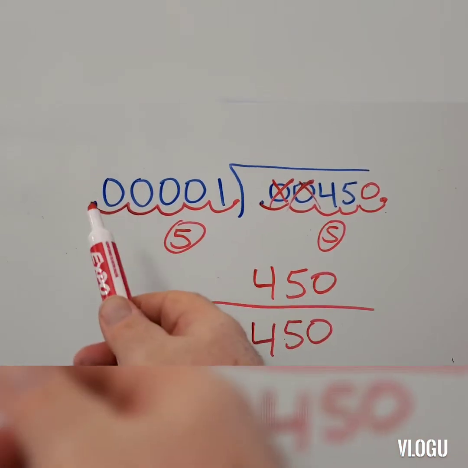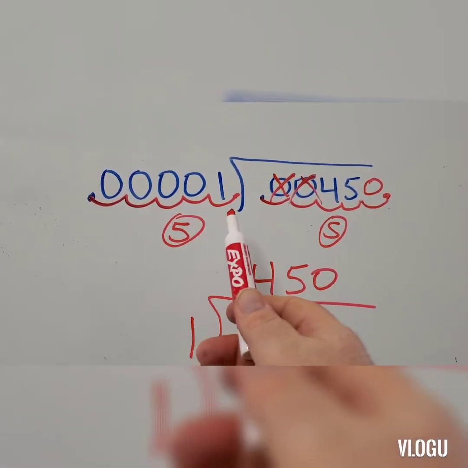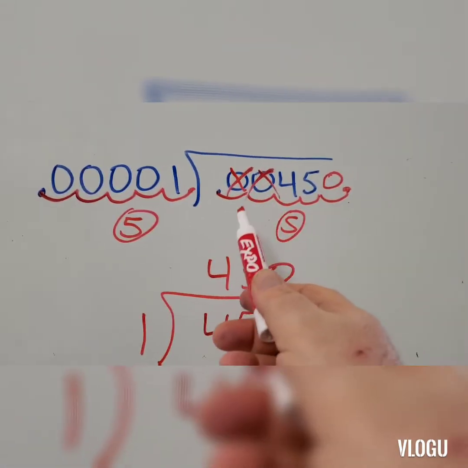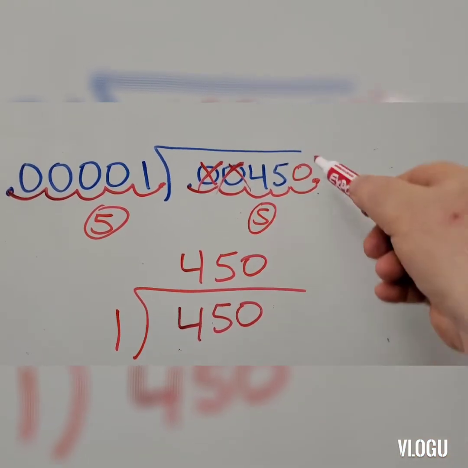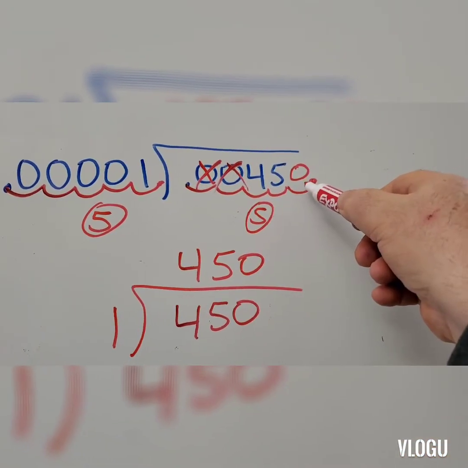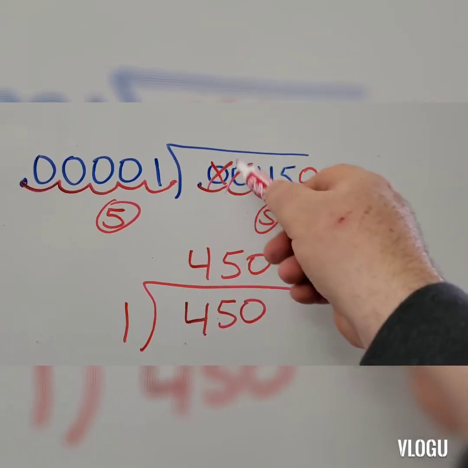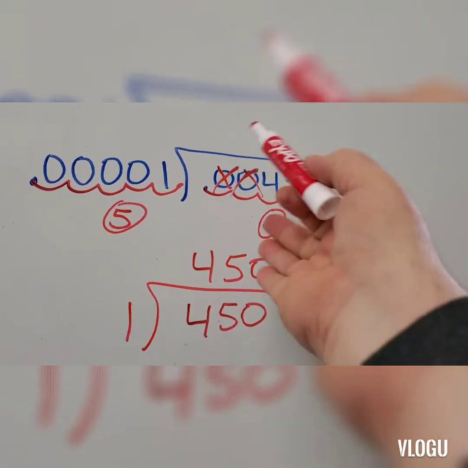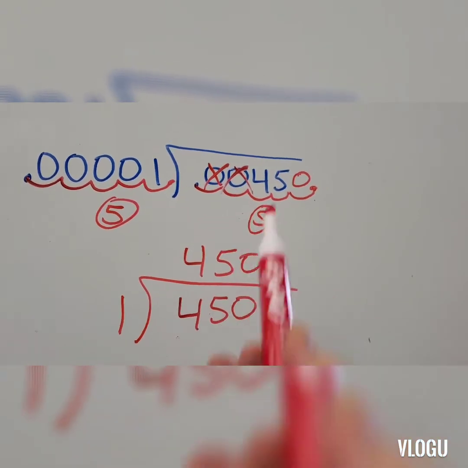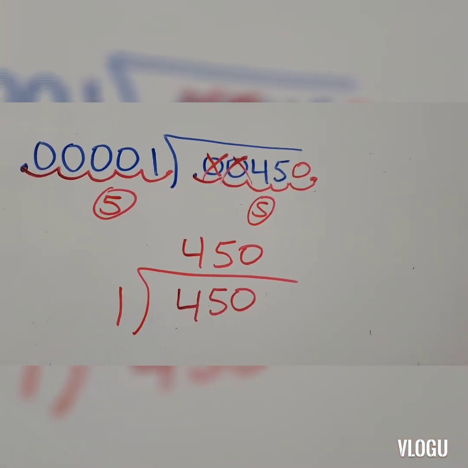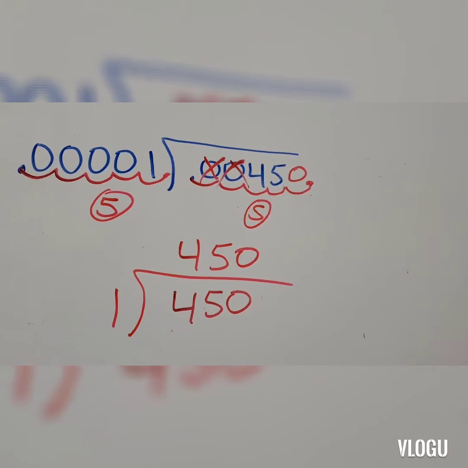The biggest trick here is making sure that we dance the correct number of steps, the same number of steps, adding a 0 if we need to keep on dancing, and not having unnecessary zeros in a whole number. If you are 10 years old, you don't say I'm 010 years old.